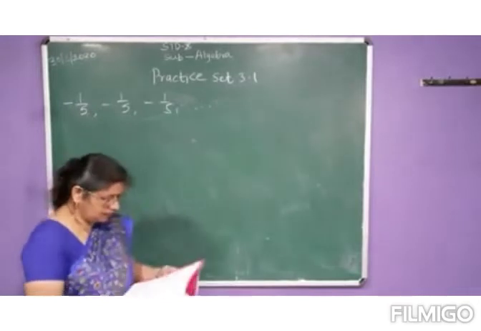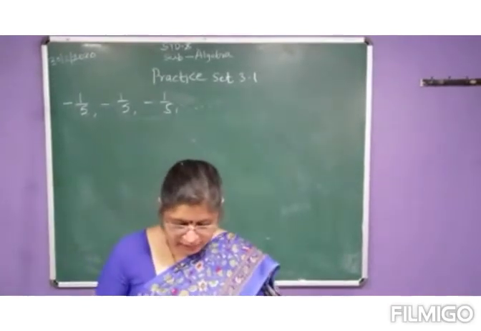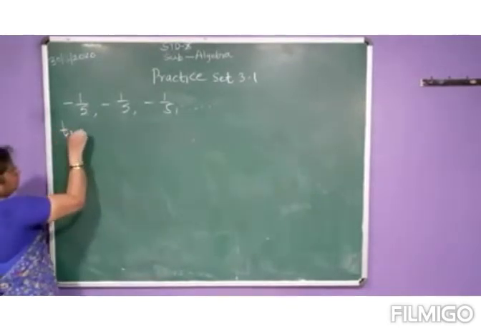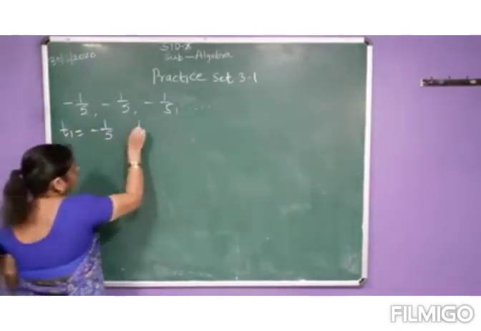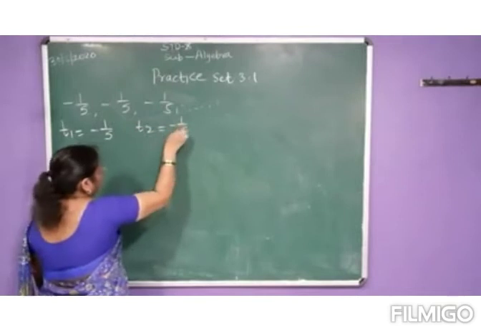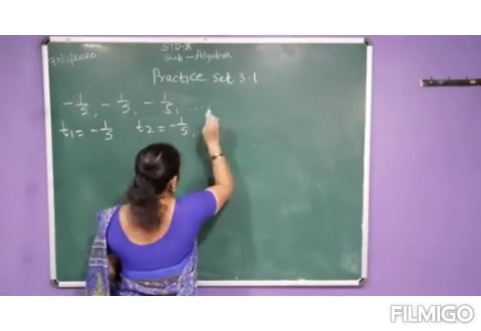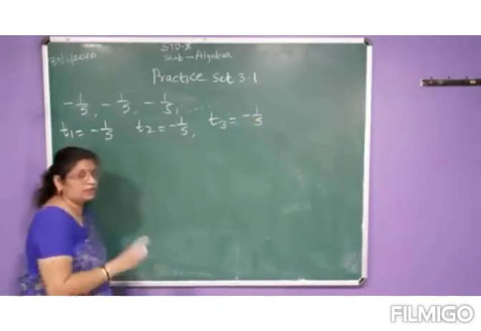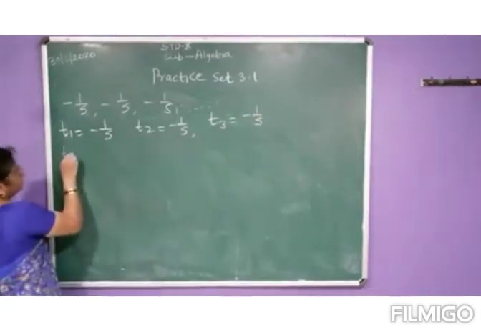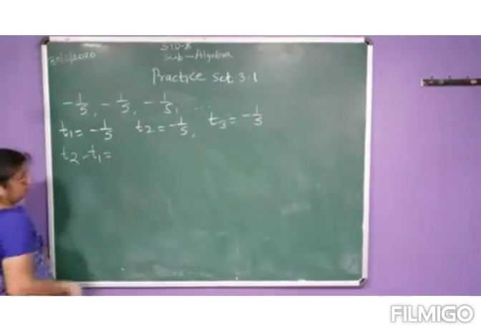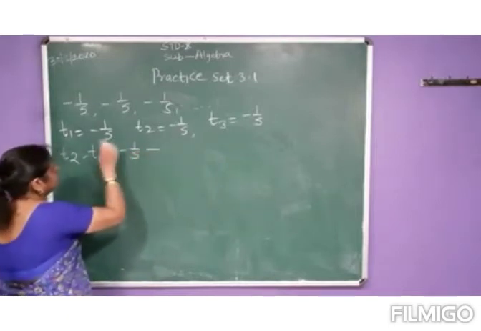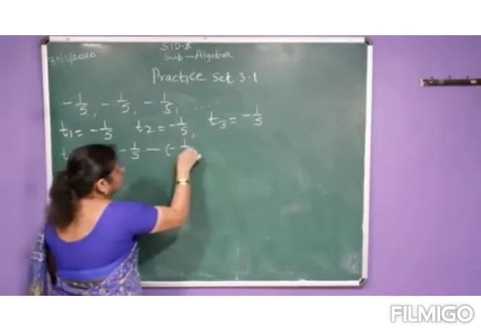What answer will you get over here? That we will see. Now see here, again I am taking T1 as minus 1 upon 5, T2 as minus 1 upon 5. This is the previous one which I have taken, there I have taken plus 1 upon 5. Now here I am taking minus 1 upon 5. T2 minus T1: that is minus 1 upon 5 minus T1, which is minus 1 upon 5.